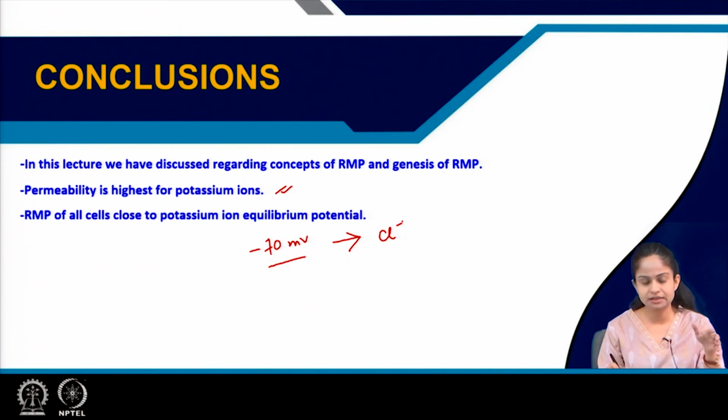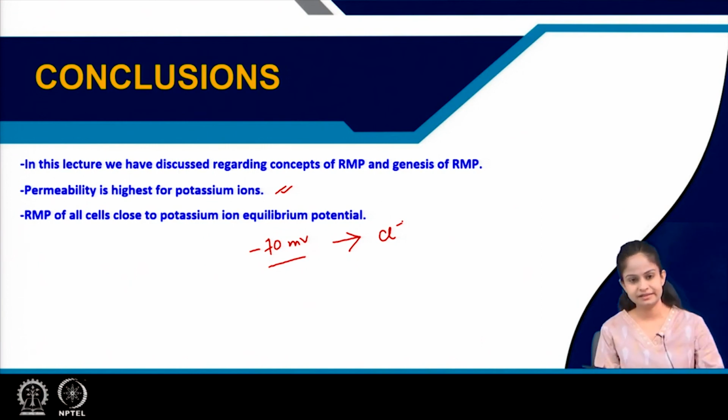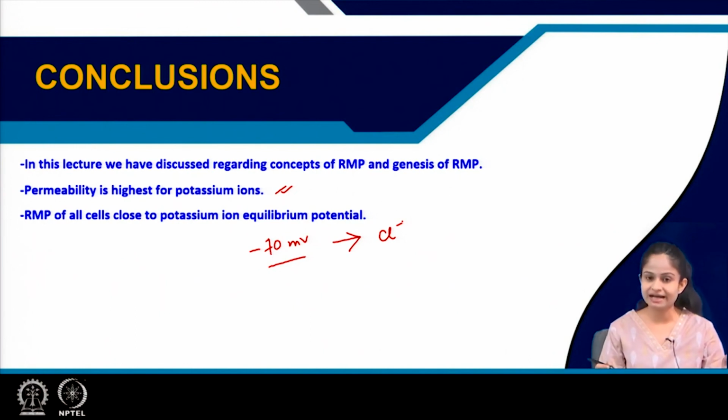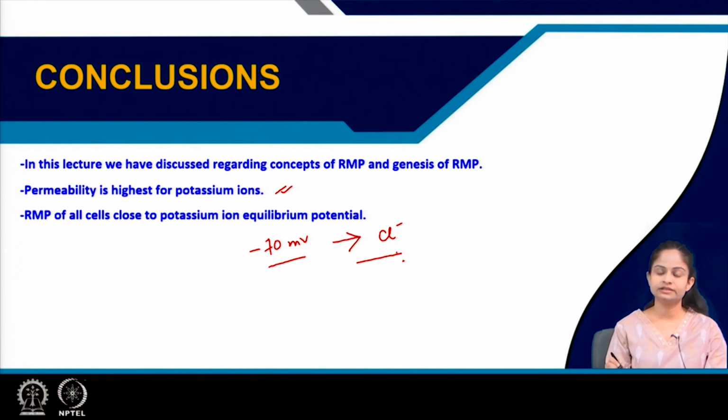If it is asked the resting membrane potential of all the cells is close to which ion, then it is potassium. If a particular resting membrane potential is given and asked it is close to which ion, then you have to give the equilibrium potential of that particular ion. For example, in case of neuron, minus 70 millivolt is corresponding to the equilibrium potential of chloride.